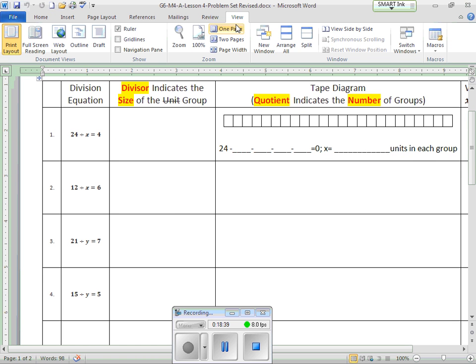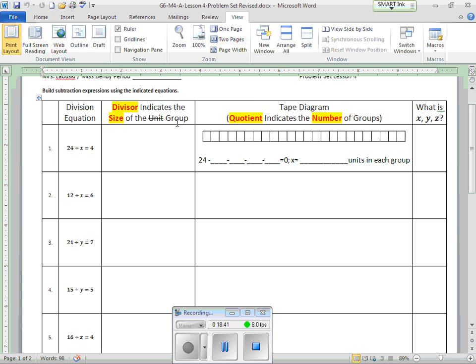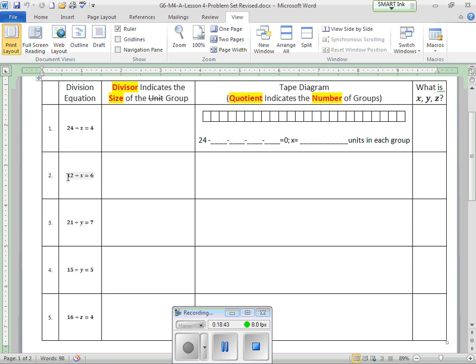Number 2, change it to a 12 on the top and the bottom. Number 3, change to a 21 on the top and the bottom. Number 4, change to a 15 on the top and on the bottom.